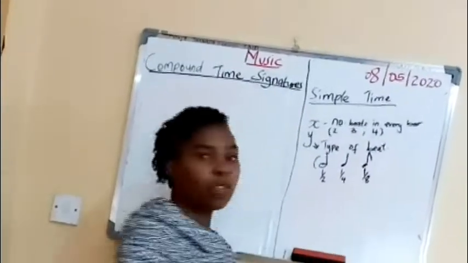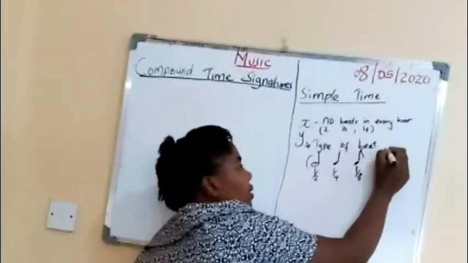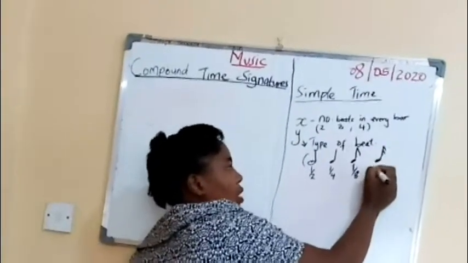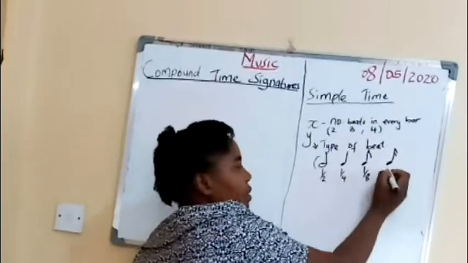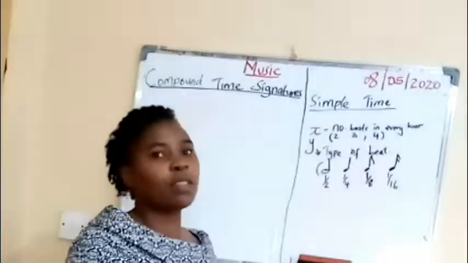The other name for the quaver is an eighth note, or a semiquaver, whereby the other name for a semiquaver is a 16th note.